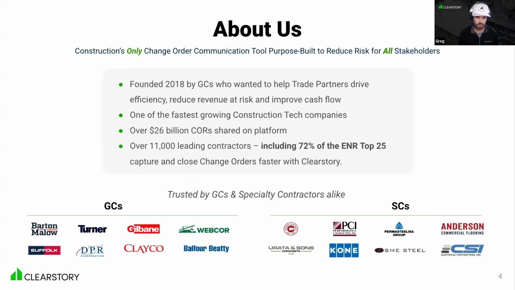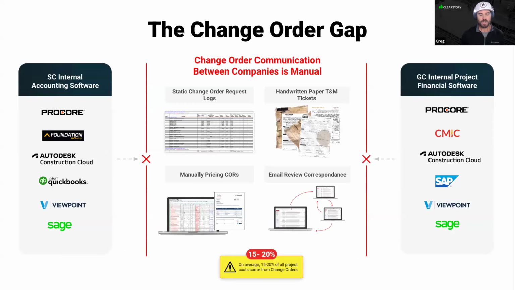If you're not familiar with Clearstory, just a few quick points. Clearstory was started in 2018, 2019, so we've been around about 7 years. We work with general contractors, subcontractors, as well as owners. There's been about 26 billion shared through the platform so far, about 11,000 contractors, and about 70% of the ENR top 25. Our focus is really how change order risk is communicated between subcontractors, GCs, and owners.